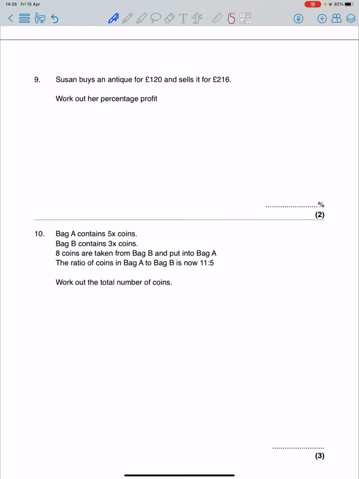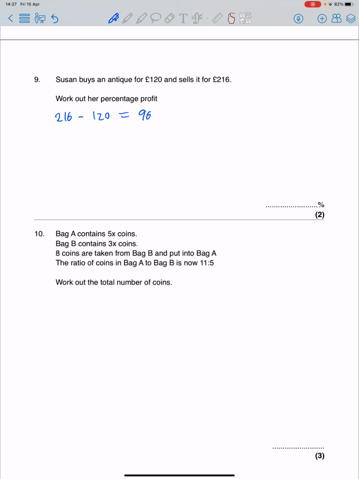Next, Susan buys an antique for £120 and sells it for £260. Work out her percentage profit. Well, let's just work out how much she actually makes. So we're doing here 260 take away 120. That gives us 140. Then we work out what is that as a percentage of 120.